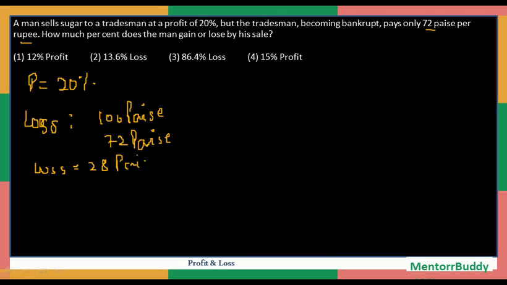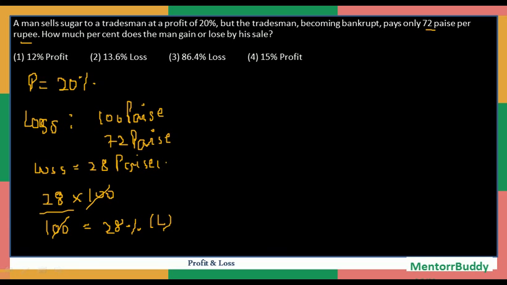Converting the same into percentages, we can say he is getting a loss of 28 paise on 100 paise. In order to convert the same into a percentage, we'll multiply it by 100. The 100s cancel out, and that will be equal to a 28% loss.